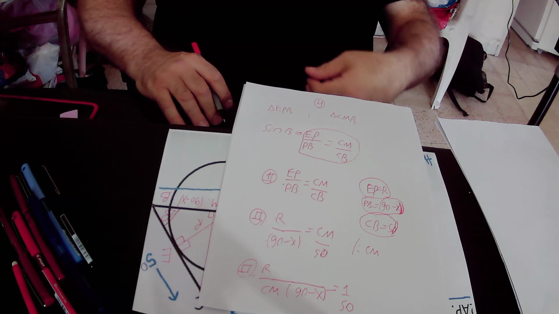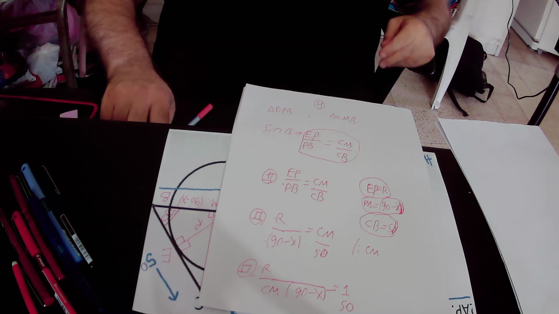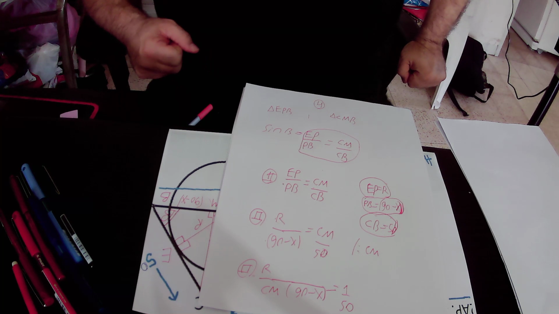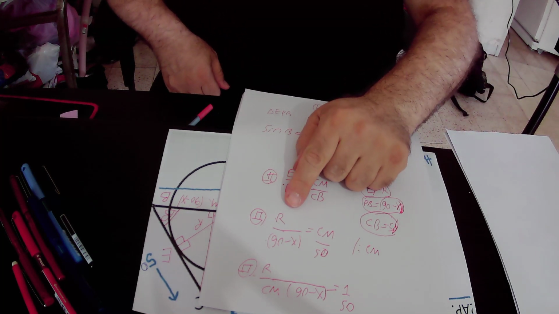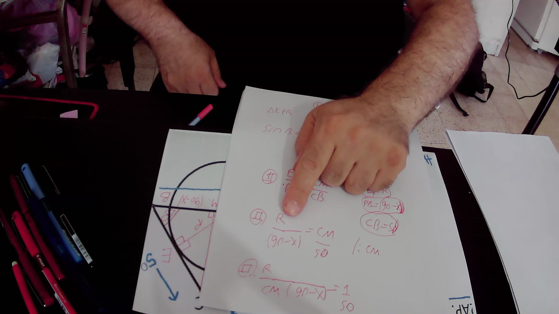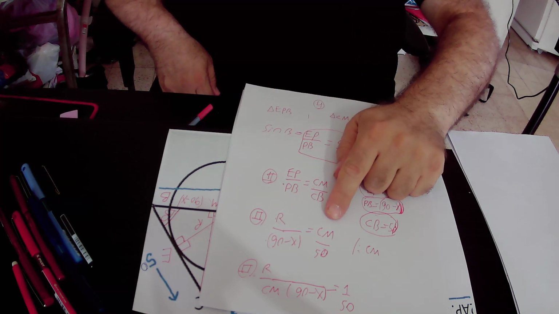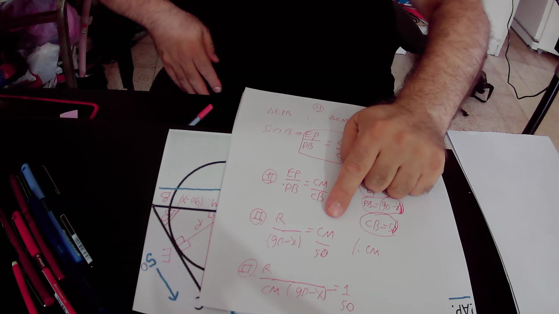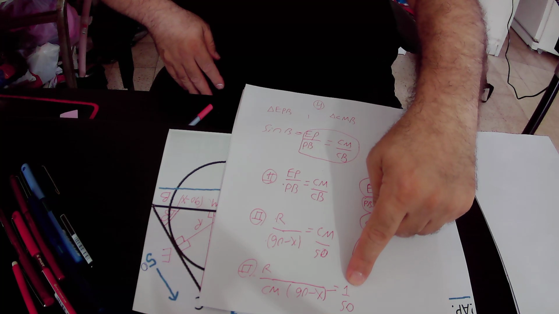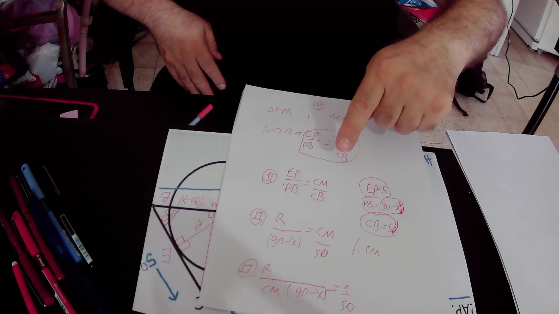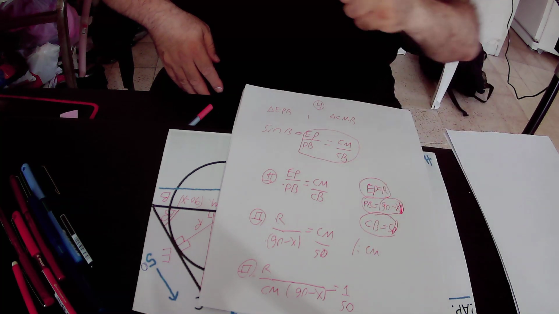So we divided both sides by CM. So R over 90 minus X divided by CM equals R over CM times 90 minus X. And in this side of the equation, CM divided by CM equals 1. So in total we have 1 over 50.